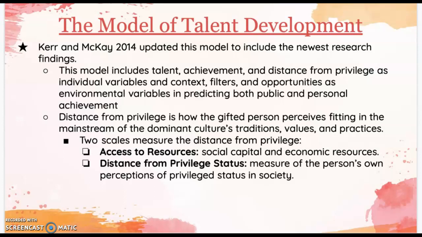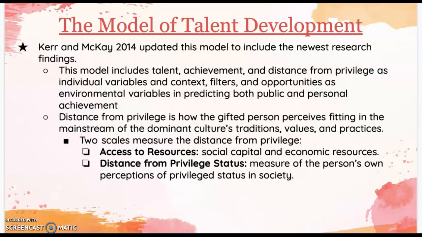Therefore, Kerr and McKay in 2014 updated this model to include the newest research findings. This model includes talent, achievement, and distance from privilege as individual variables in context, filters, and opportunities as environmental variables in predicting both public and personal achievement.